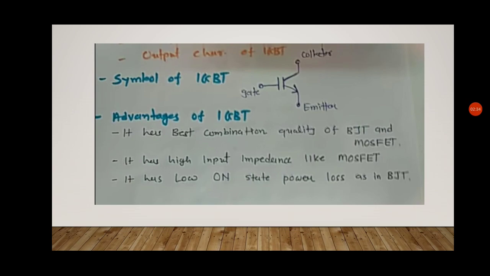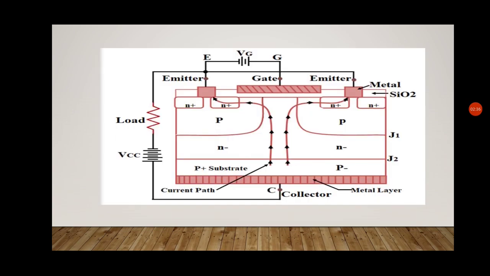Now, before we move to the structure of IGBT, let me tell you these IGBTs are mainly used in industrial electronics, or you can say power electronics applications such as inverters, converters and power supplies, where the demand of solid state switching devices are not fully met by power bipolars or power MOSFETs.